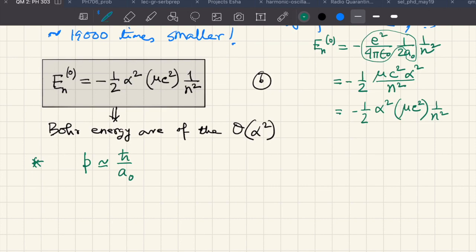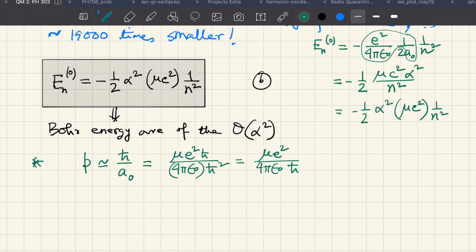Now what is this h cross by a0? If I simply put the expression of a0, this is nothing but mu e square h cross divided by 4 pi epsilon naught into h cross squared. So this will turn out to be mu e square divided by 4 pi epsilon naught h bar.